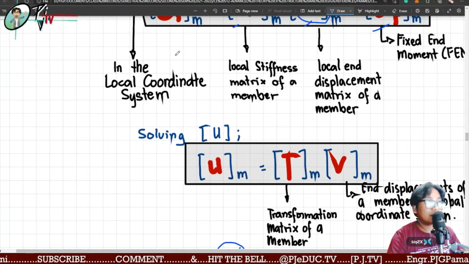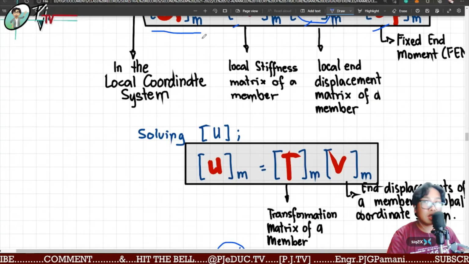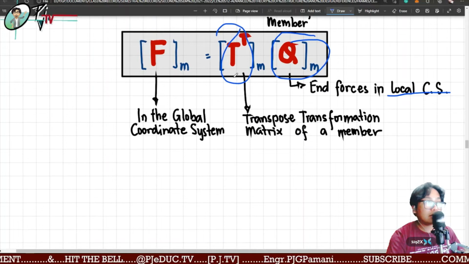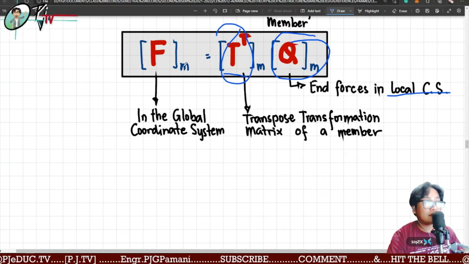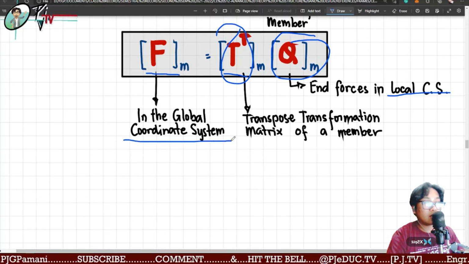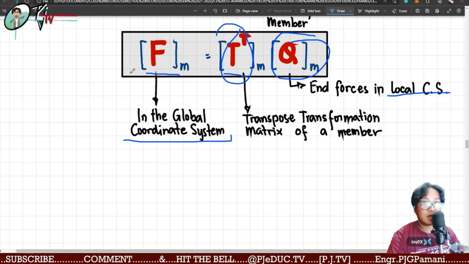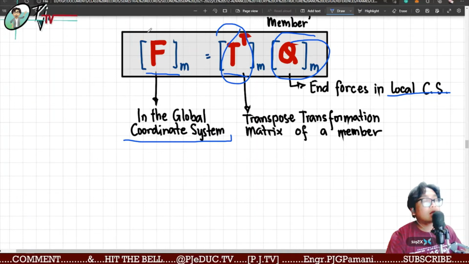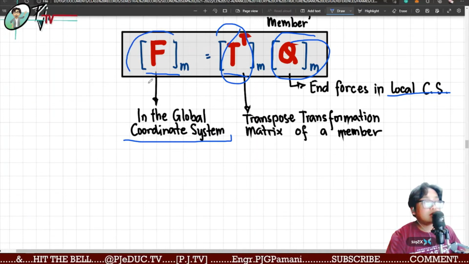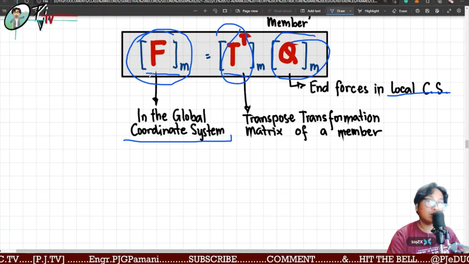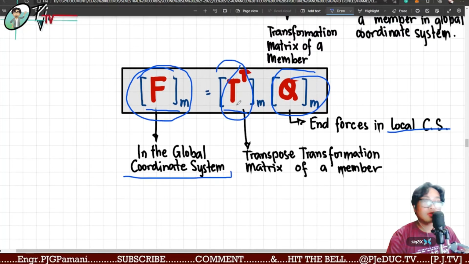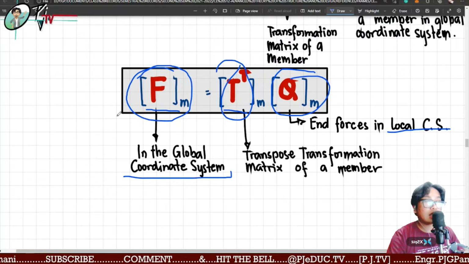So, nung na-solve na natin yung end forces on its local coordinate system, we'll just have to multiply the transpose transformation matrix to solve the end forces on its global coordinate system. So, dalawang isosolve natin yan. Para later on, yung summation na lang ng F will eventually give us the reactions at the support. Okay? Yun ang kailangan natin to solve the reaction, yung F.